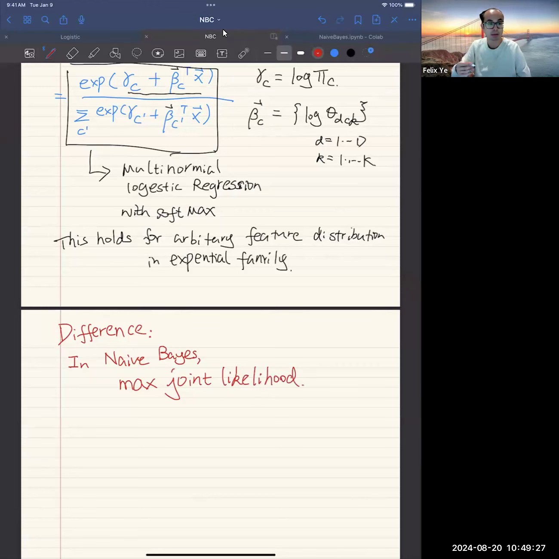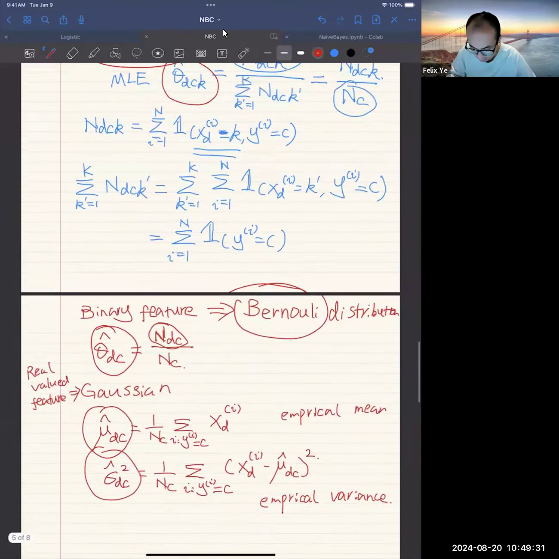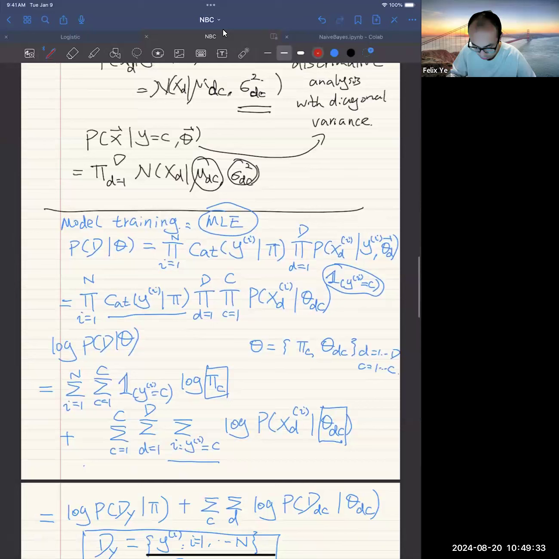We have spent quite a bit of time to justify this. We're trying to maximize this likelihood, and the D here includes x and y at the same time.